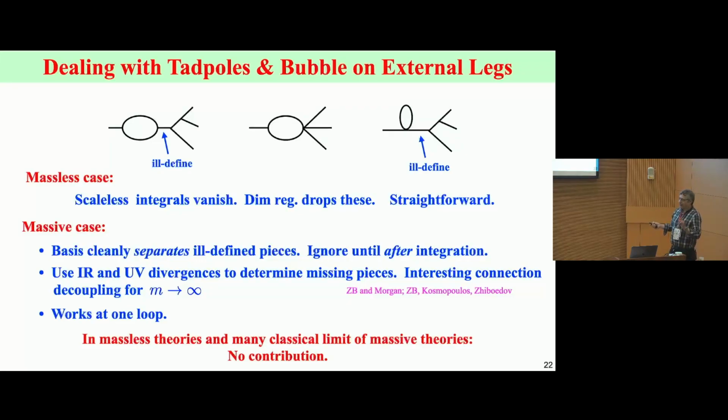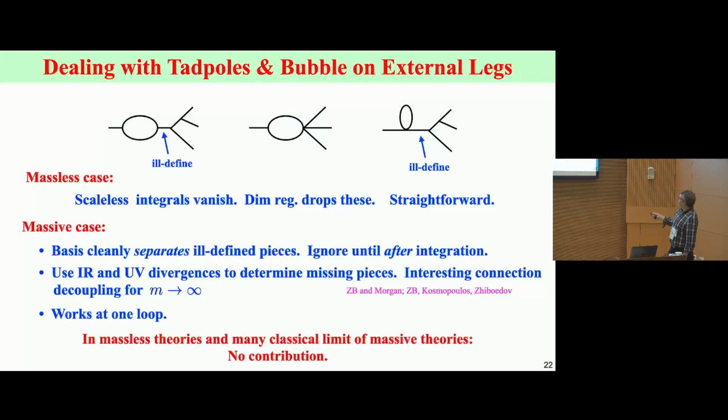Well, there actually is a very slick way that at least works at one loop. What you do is you use other information after integration. So these pieces you just forget about until after you've integrated everything. Once you've integrated everything, you have a set of functions that are missing, some simple functions, and then you think carefully about the infrared and ultraviolet divergences, and you can then use that to figure out the missing pieces.